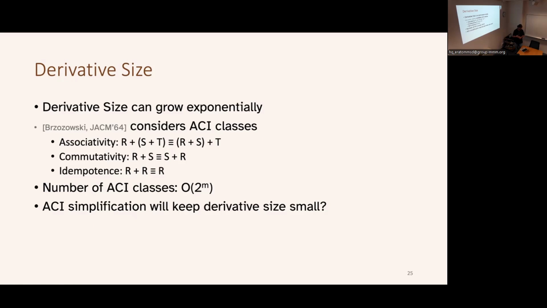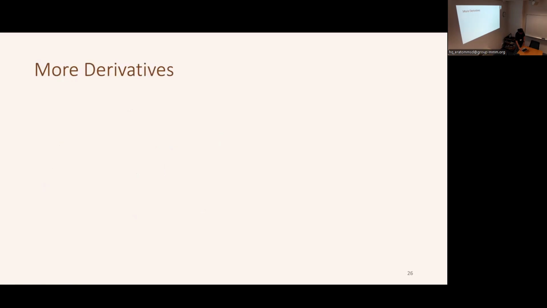This is quite unclear to me. Also, there are certain relatively simple axioms that are missing from the ACI simplification rules, which are relatively simple to implement, and might allow you to keep the derivative size small. But we do not have great theoretical results on this.